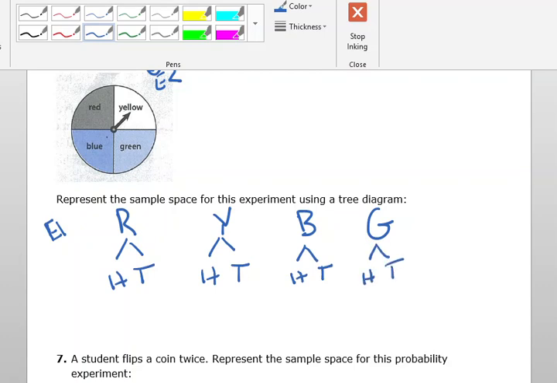And I have 1, 2, 3, 4, 5, 6, 7, 8 possible outcomes, which makes sense because I have 4 outcomes on the spinner and I have 2 on the coin. So I have 8 total. All right, so this is my tree diagram here. Take a moment and get that down if you didn't have it already. I'll label event 2.